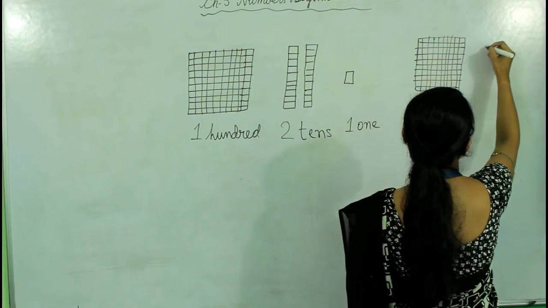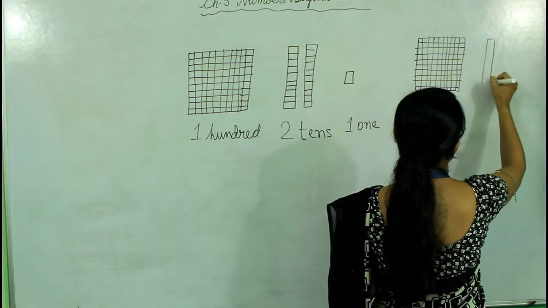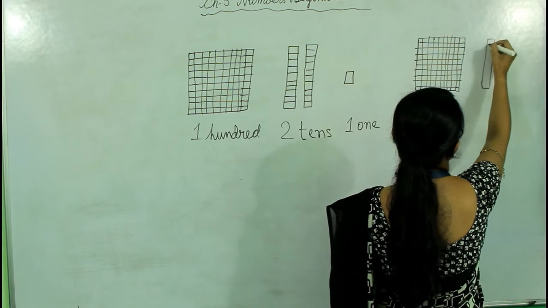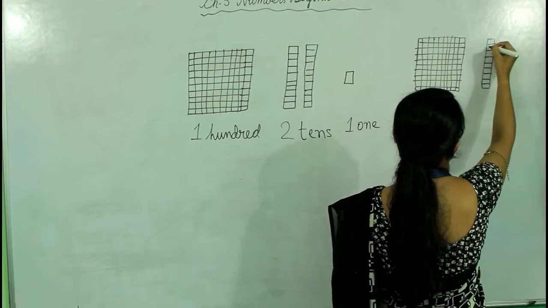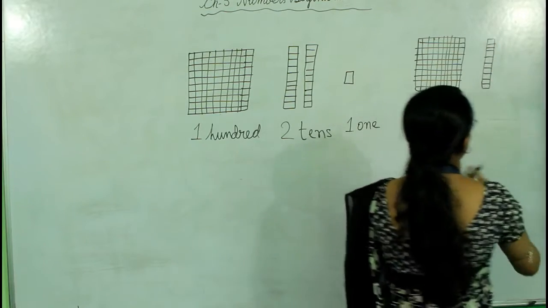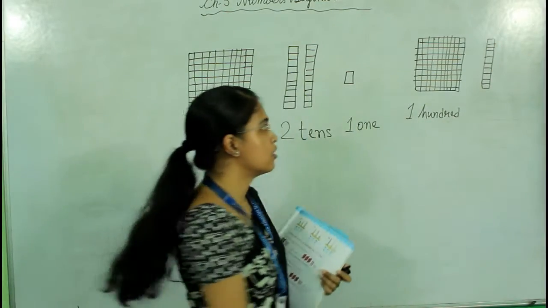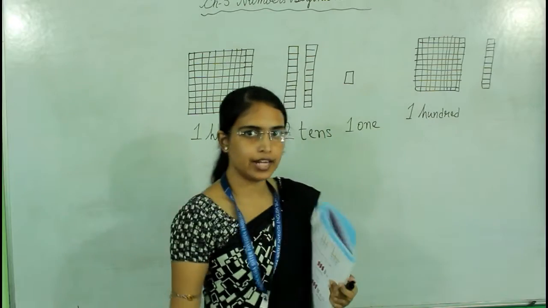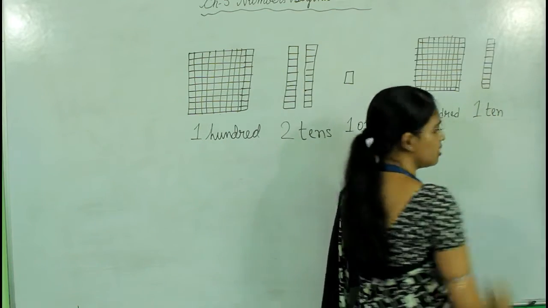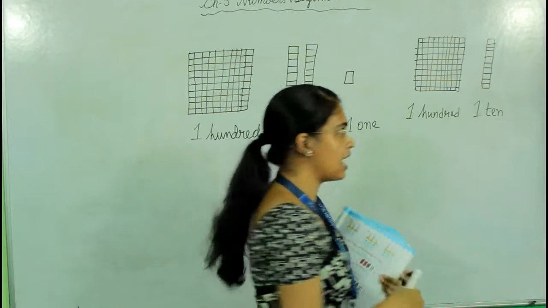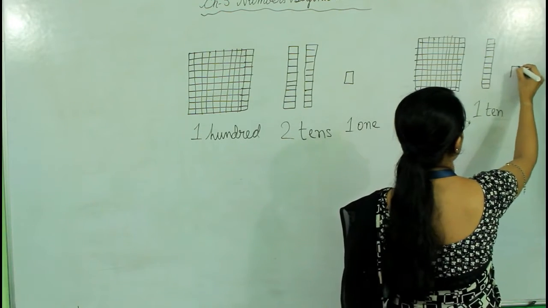And with that I have one group of 10s, right? So here I have one group of 10 and with this I have 2 extra blocks.